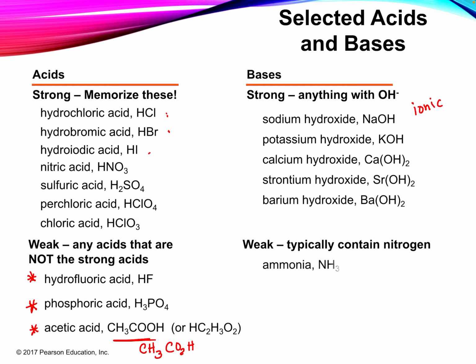And then if it has a nitrogen, those are going to be our weak bases. So remember when we were just talking about Bronsted-Lowry bases, we said that they needed to have a lone pair. Well, this lone pair is on the nitrogen, and it will go and try and grab hydrogens from acids. Okay, so these are weak bases, and like I said, they mostly contain nitrogen.